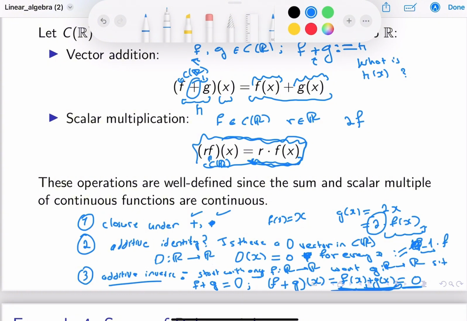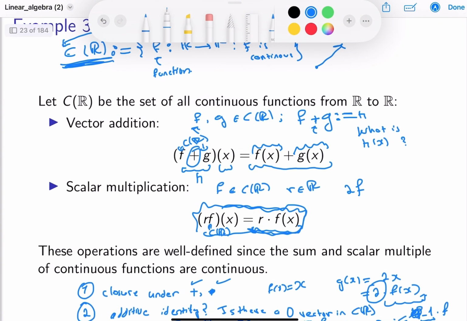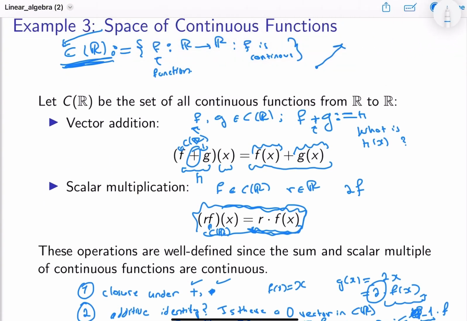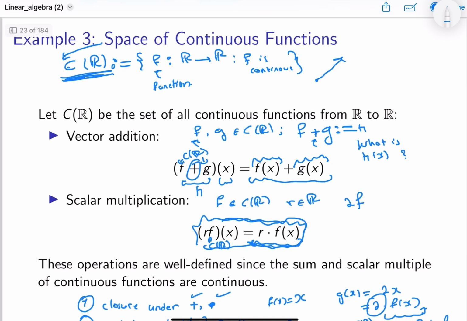So we just checked that the inverse exists for every element of the space of continuous functions. With that said, we checked the important properties that have to be checked for a candidate to be proven a vector space, and I'm also going to leave the rest of the properties for you to practice and prove.